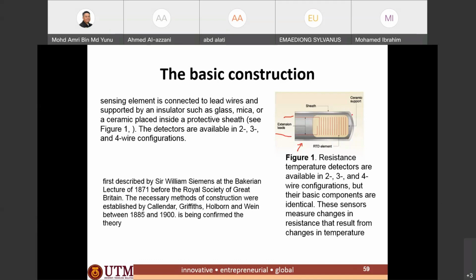So you see that this RTD has several layers. So the thermal conductivity will take some time before it can penetrate the sheath and the ceramic support, and then reach the sensing element.